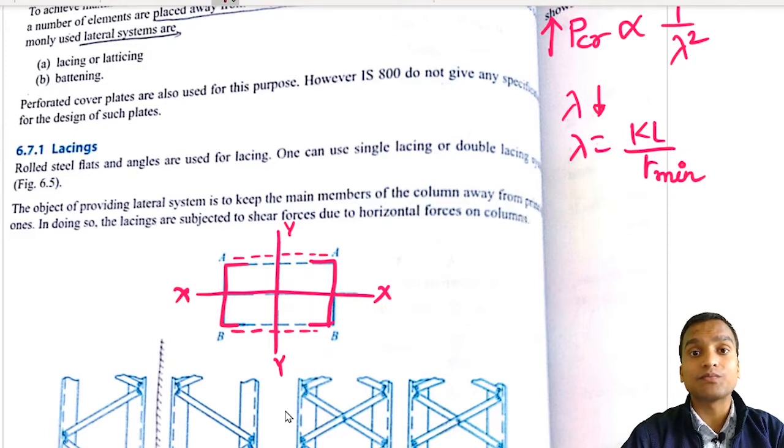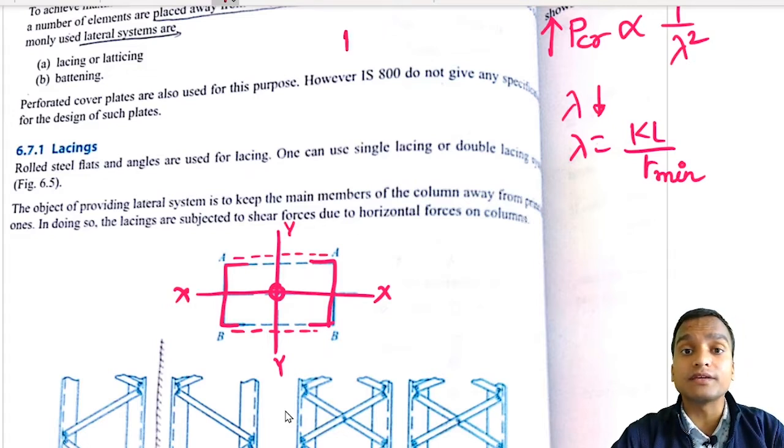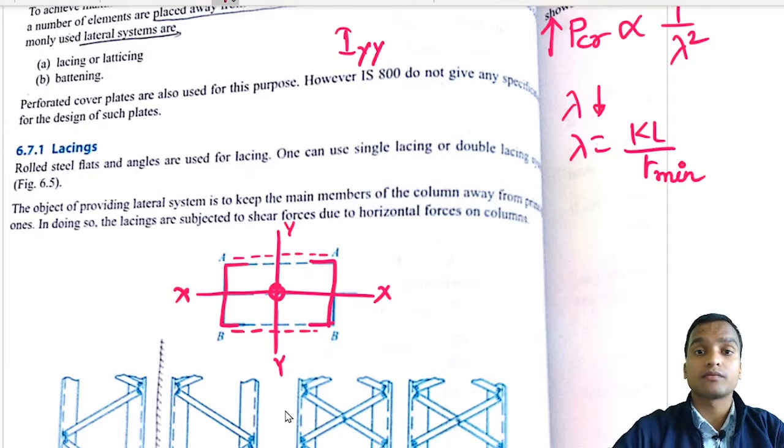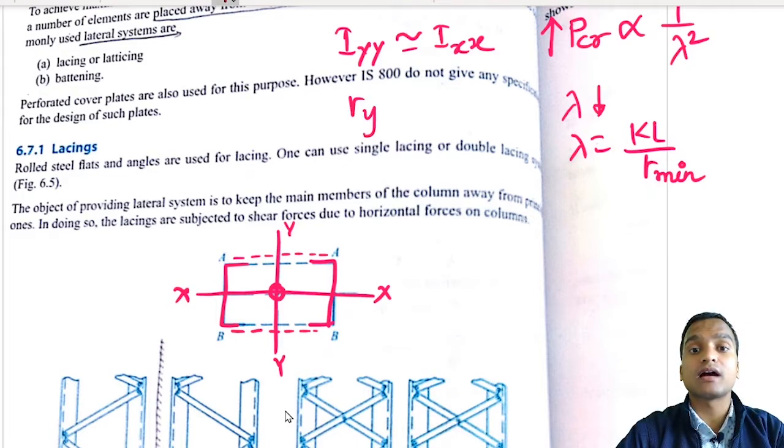But here we are going to make our XX axis the minor axis. For that we are going to place these two channel sections at such a distance from the centroid that the IYY value becomes equal to the IXX value, or in other words, the RYY value becomes equal to the RXX value.